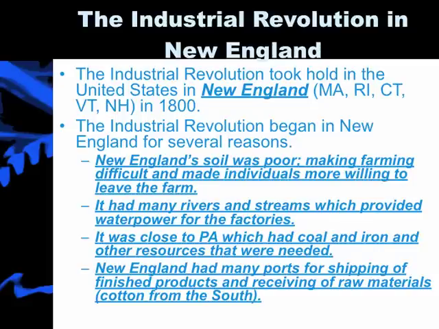Most importantly, New England had many ports for shipping. They would be able to import raw materials, mainly from the South, mainly cotton for the textile factories, and they were going to be able to export the finished products that the factories had made from the raw materials.